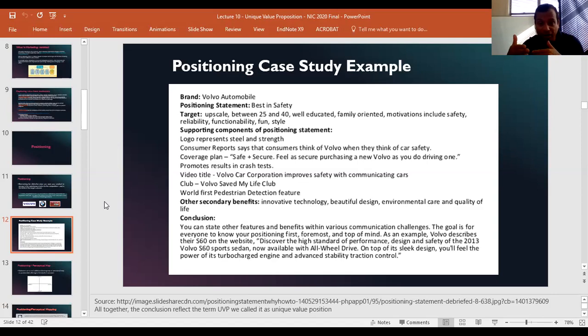Finally, you could see there is a conclusion which says, in double quotes, discover the high standard of performance, design and safety of the 2013 Volvo S60 sports sedan, now available with all wheel drive, on top of its slick design, a more powerful engine and advanced stability traction control.